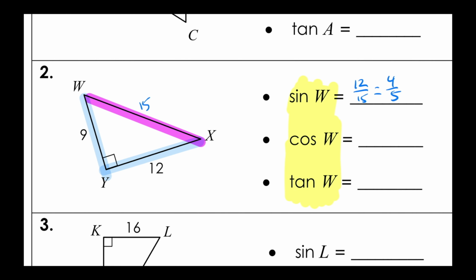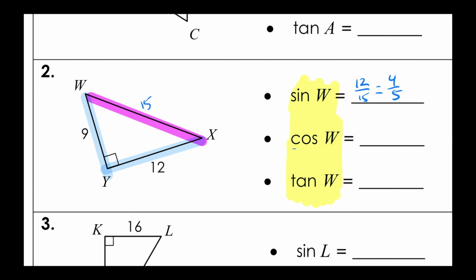Now if I want to find the cosine of W, that means I'm here at W. And the cosine is what? In your head, you should say, oh yeah, CAH, adjacent over hypotenuse. So here's my fraction bar. What's the adjacent side?